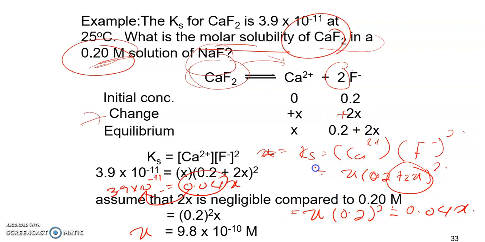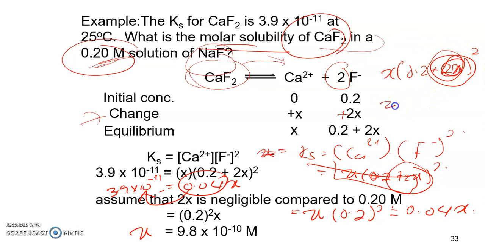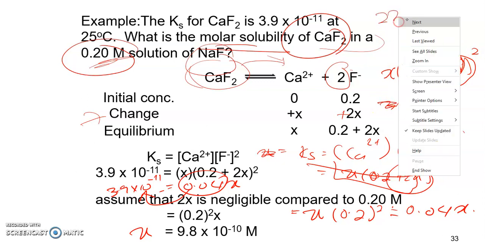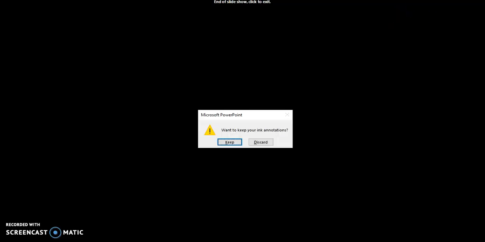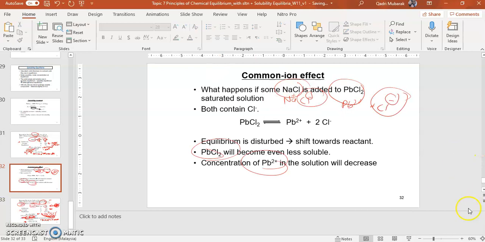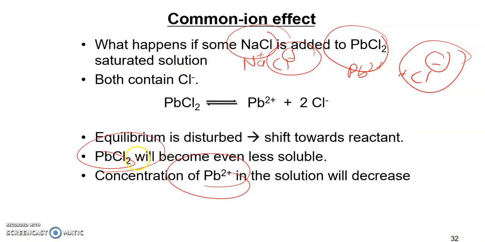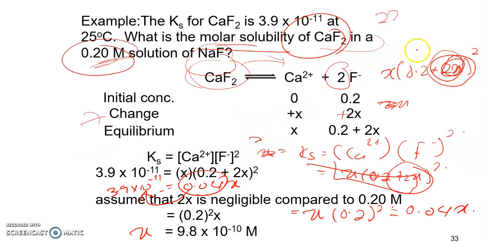The most important thing in our question is that we can ignore the 2S. In 0.2 plus 2S, the value of 2S is approximately 0.